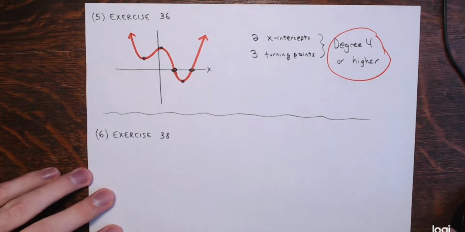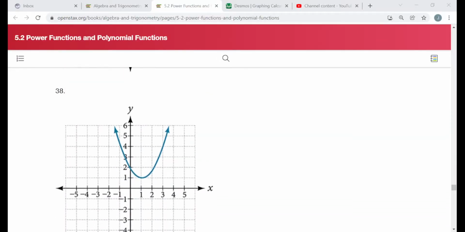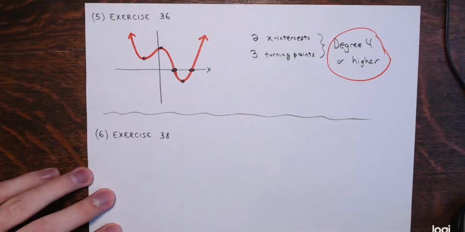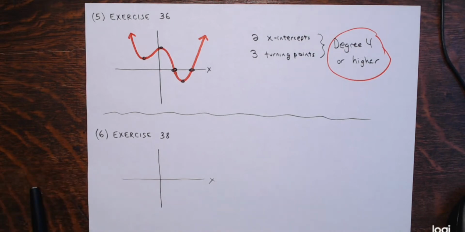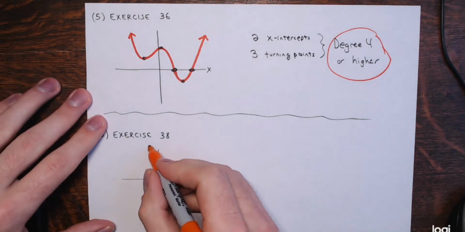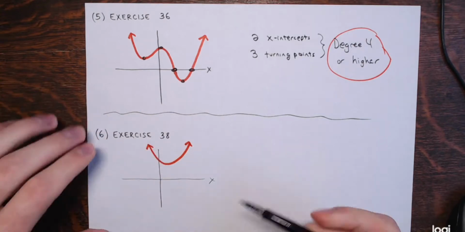Exercise 38. I think it's the same kind of problem. Degree 2 or higher. I'll draw it, a very rough sketch. So xy plane. This is just some parabola-looking shape that doesn't touch the x-axis at all. It's all above the x-axis.